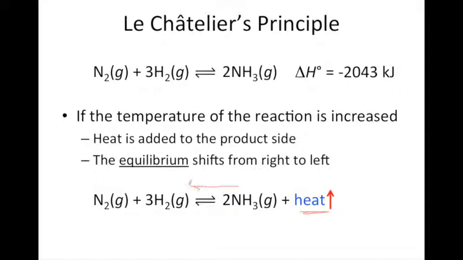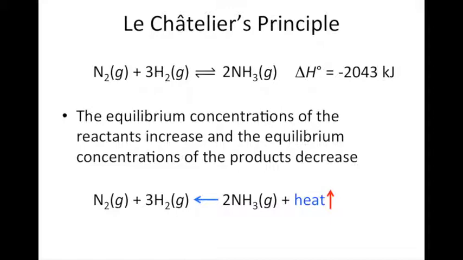So the reaction will shift from right to left in order to establish a new equilibrium. So the equilibrium concentrations of my reactants are going to increase relative to what they were before the temperature increase. The new equilibrium concentration of my products is going to decrease, again, relative to the concentration previous to our temperature increase.